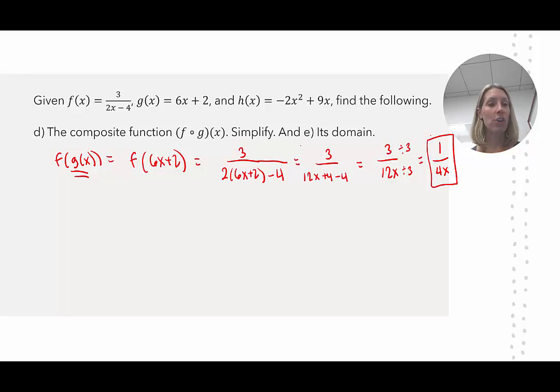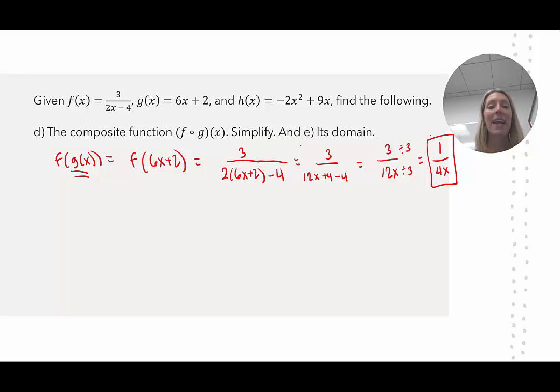When we have a rational function like f, we will have restrictions on the domain, because the domain is the set of real numbers that you plug into a function and you can obtain a real number output. And we can plug in any real number we want to a linear or quadratic equation or polynomial equation, no problem. But with a rational function, we can't have a 0 in the denominator because that doesn't produce a real number output. We can't divide by 0.